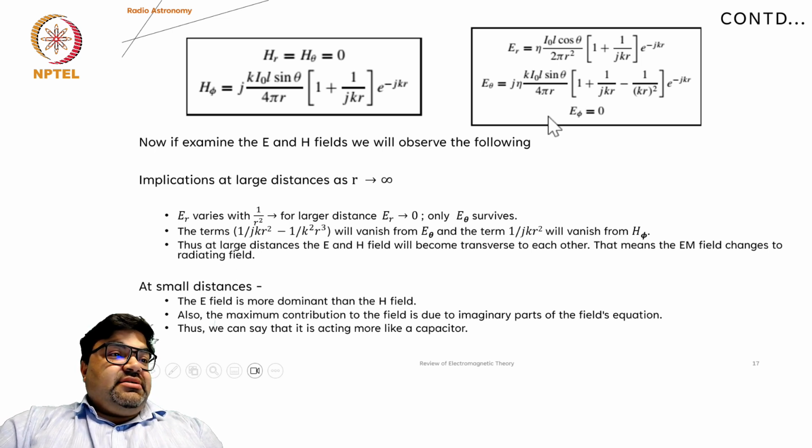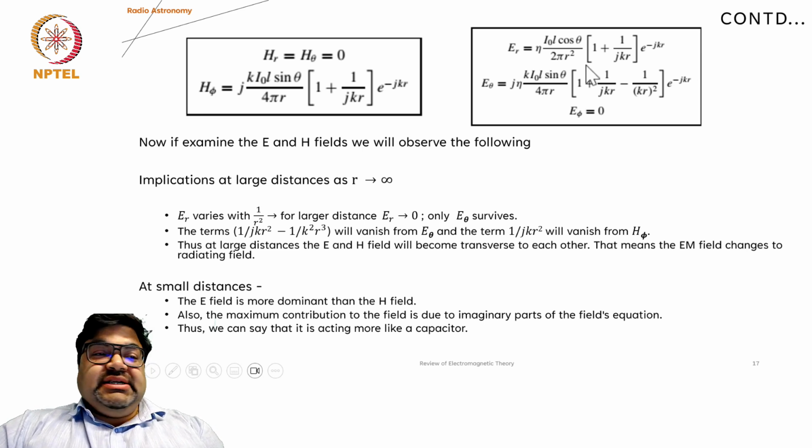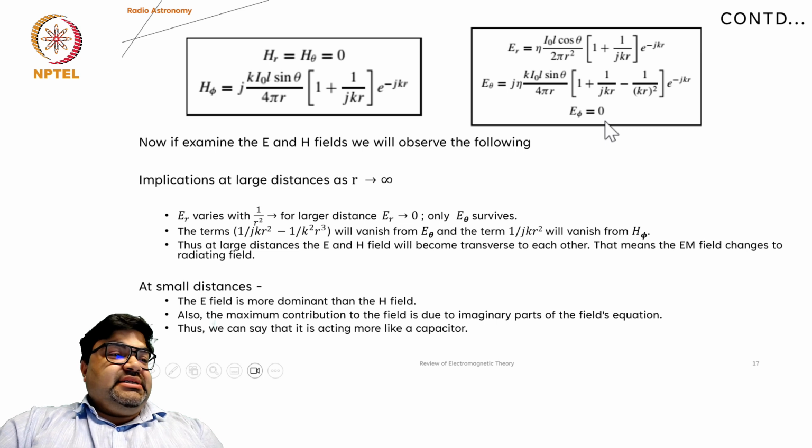The first term in the denominator has r, so it is 1 over r, but the 1 over r square and 1 over r cube terms vanish, so only the 1 over r term remains. So the first term in this expansion of E theta survives, the remaining two disappear, E_R disappears, and E phi is already equal to 0. So that's the simplified version.